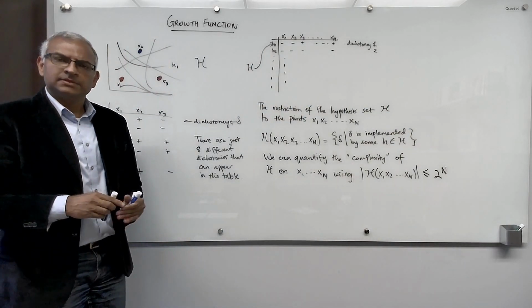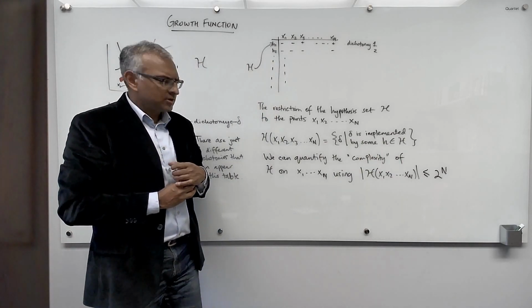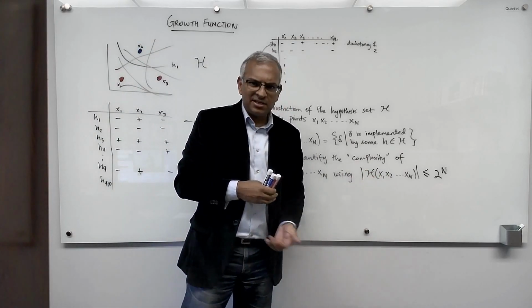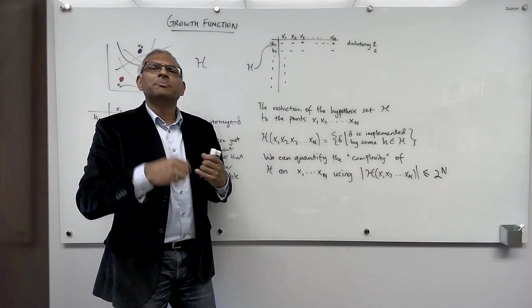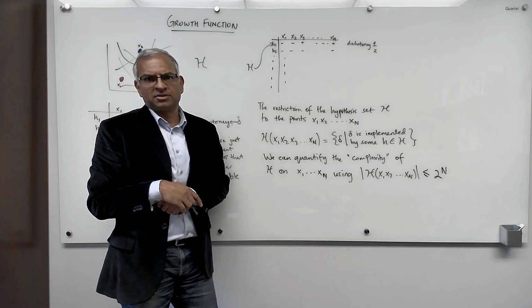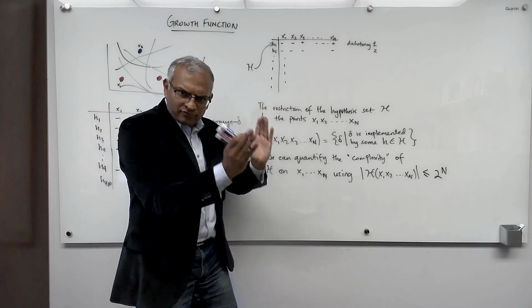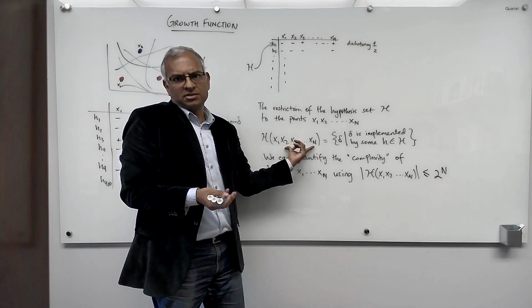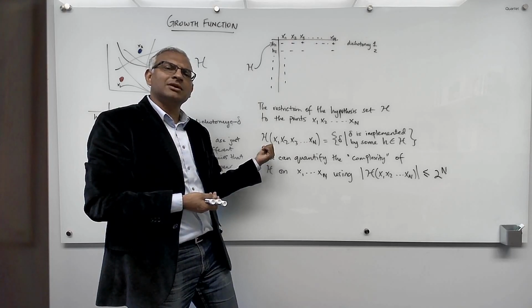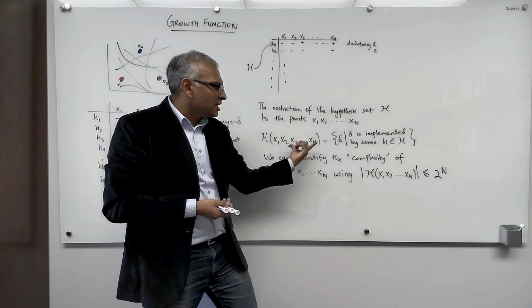It turns out that when viewed through the eyes of a set of points, this complexity is essentially what we need to replace the size of the hypothesis set that we were using for the finite hypothesis case. So effectively, an infinite hypothesis set, when viewed through the eyes of a data set, and in practice we'll always have a data set in mind, no matter how complex and how infinite, when restricted to a set of points, becomes finite.